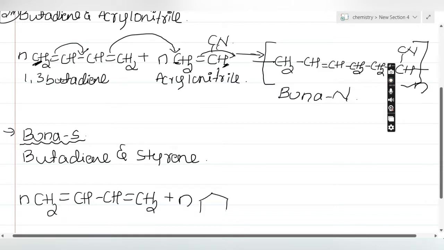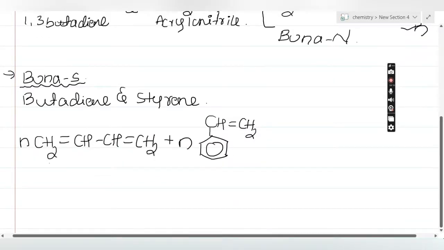Phenylethene means a benzene ring connected to CH double bond CH2. So this is 1,3 butadiene and this is phenylethene, that is nothing but styrene. Therefore the name comes as BuNa-S. Here S stands for styrene.